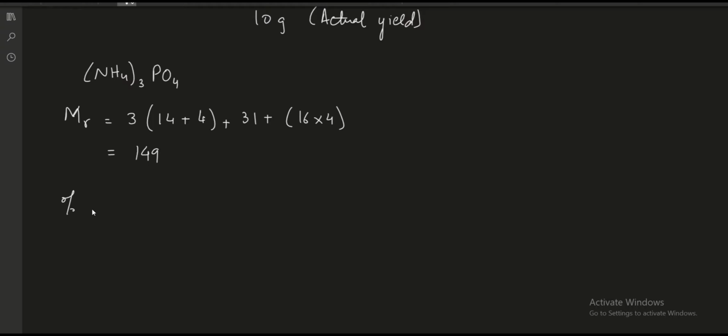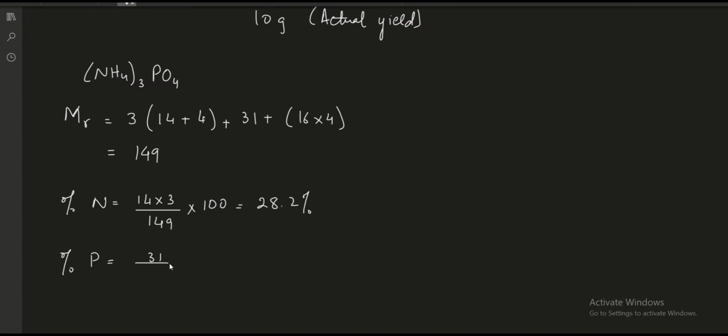The percentage of nitrogen in it is 14 multiplied by 3, that makes 42, divided by 149, multiplied by 100, answer would be 28.2%. And what is the percentage of phosphorus in it?